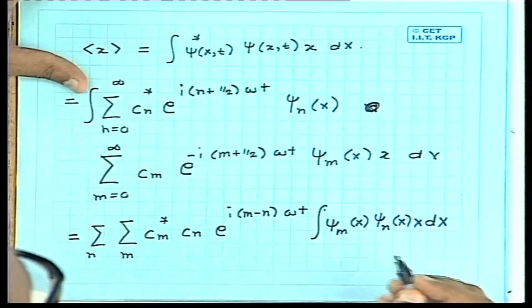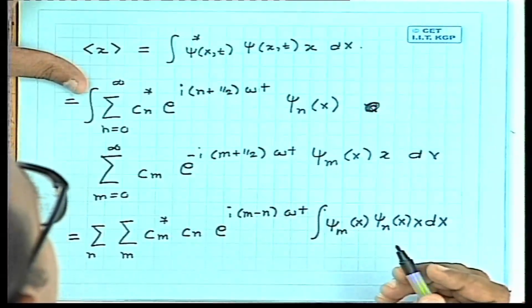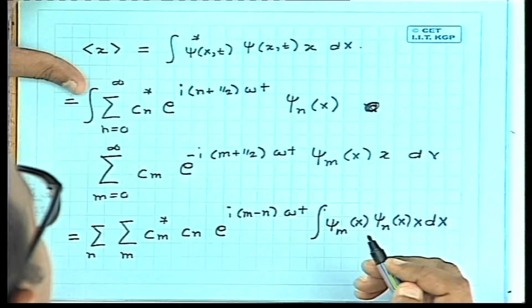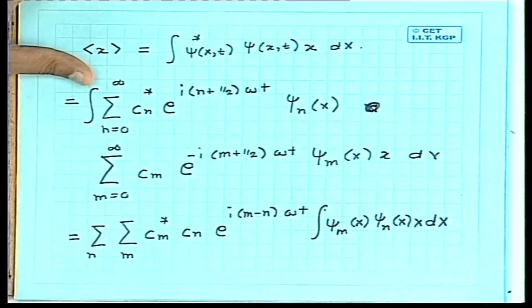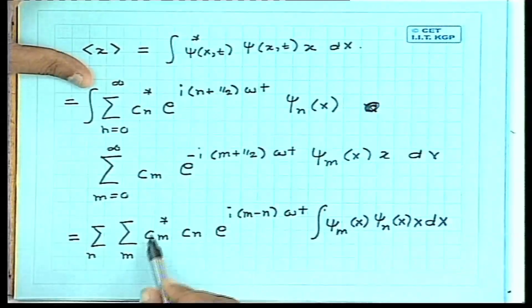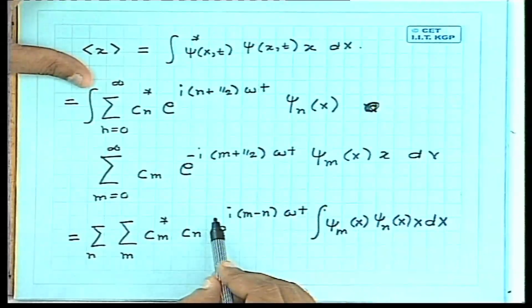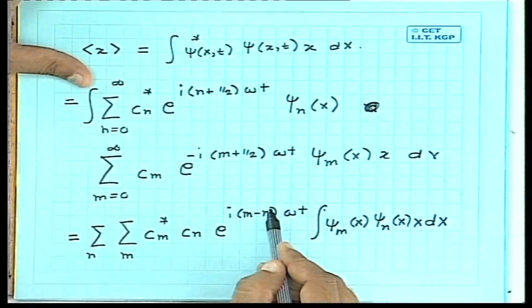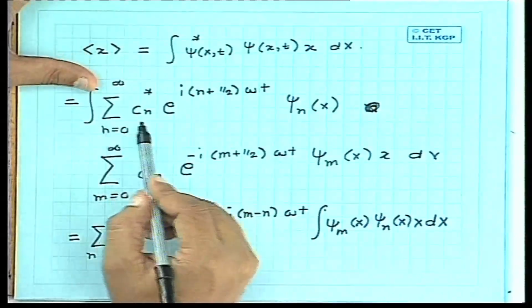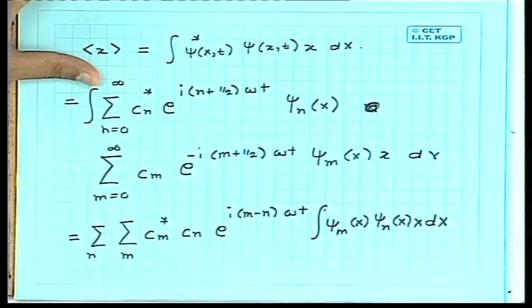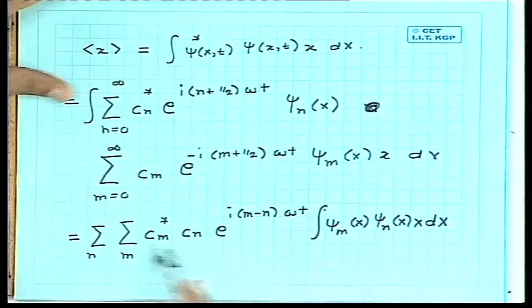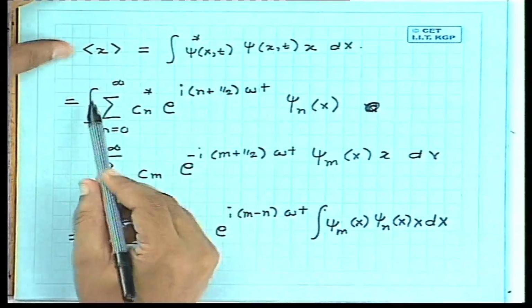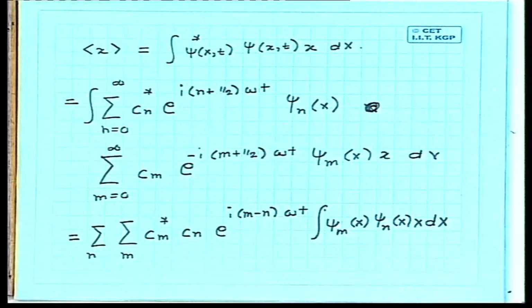Okay, this is correct, because for Cm star, m will have a positive sign and n will have the negative sign. I might have interchanged m and n between this and this, that doesn't matter, because they are just dummy indices. So this is how the expectation value of x evolves in time.